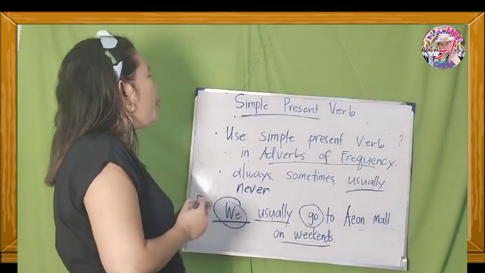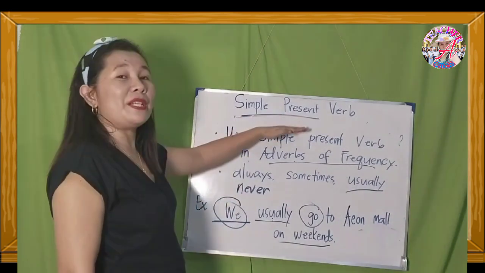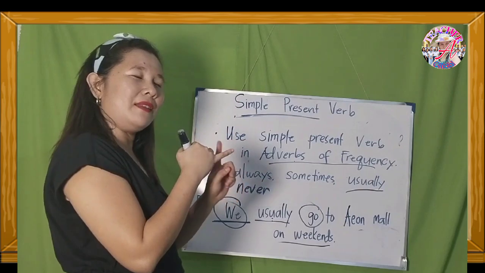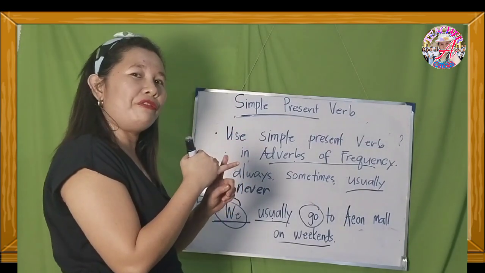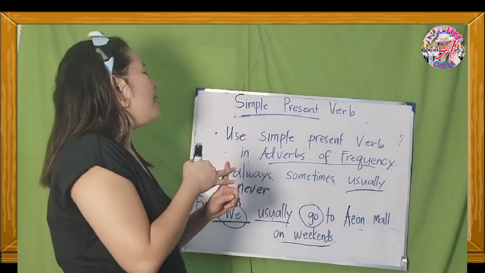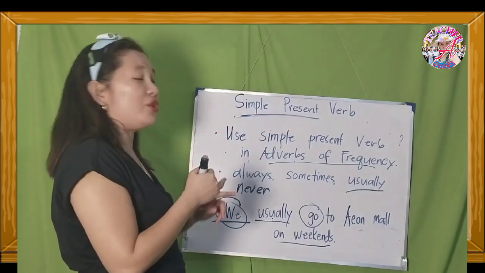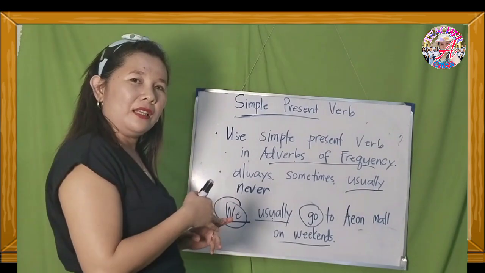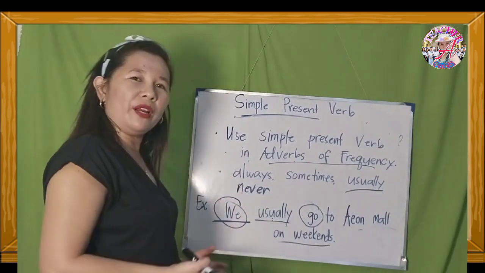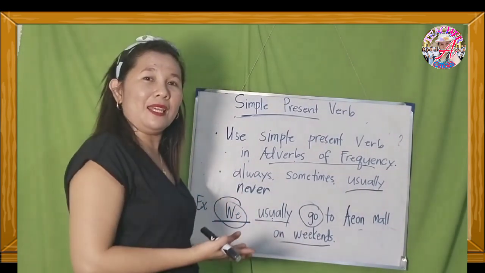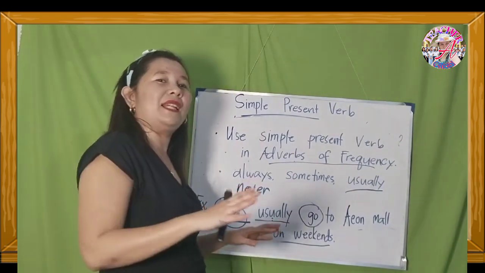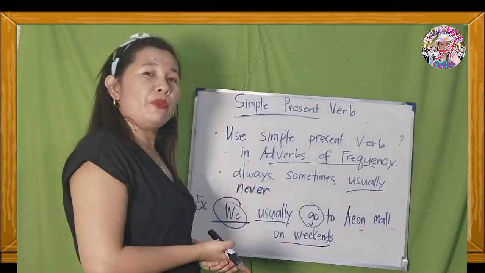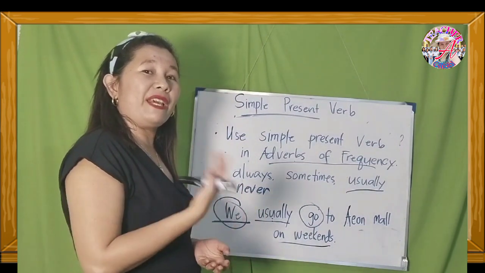Okay? So, those are the usages of simple present verb. First, we talk about things or situations that are true in general or fact. Second, simple present verb is used when we talk about habitual or repeated action, like every weekend, every morning, every day. Third, we use simple present verb when we talk about adverbs of frequency.